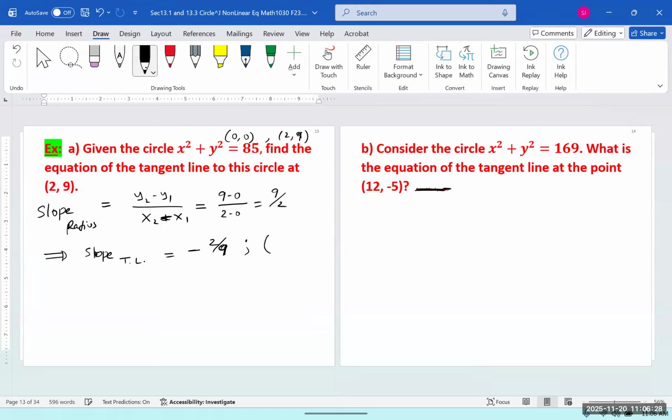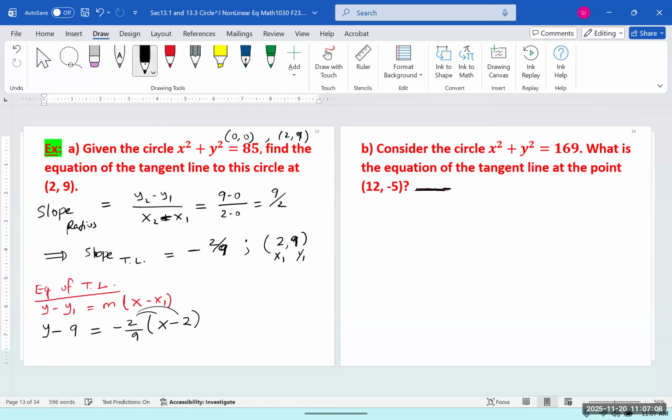And this has the point (2, 9), which is x1, y1. So we write the equation of the tangent line: y minus y1 equals m times x minus x1. So y minus 9 equals negative 2/9 times x minus 2.